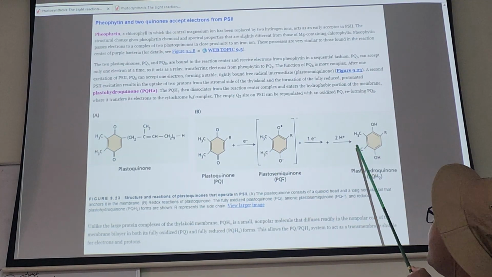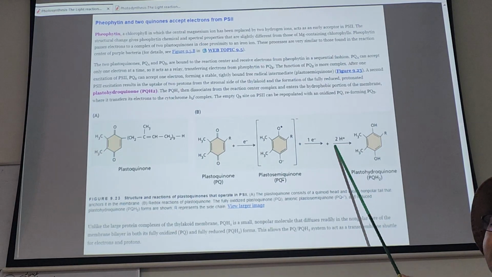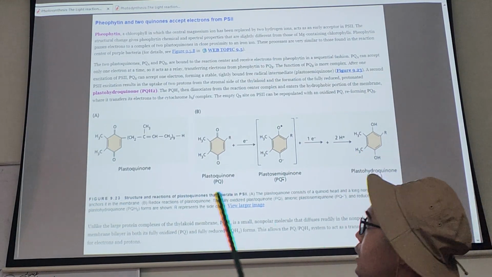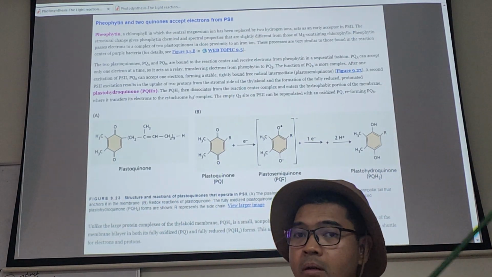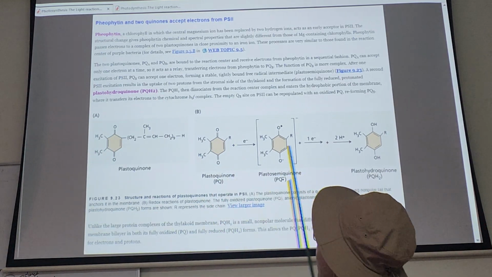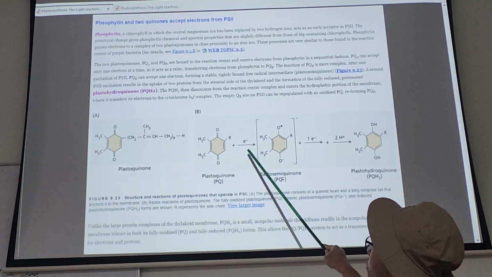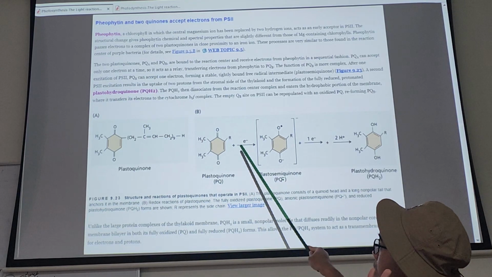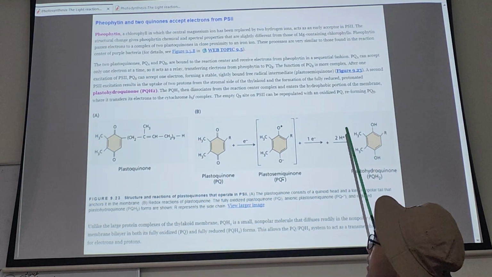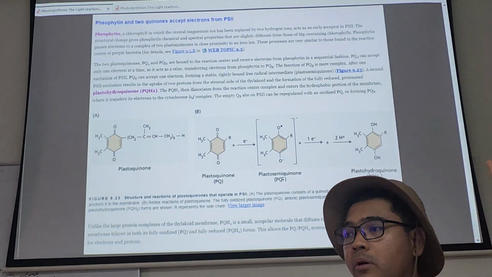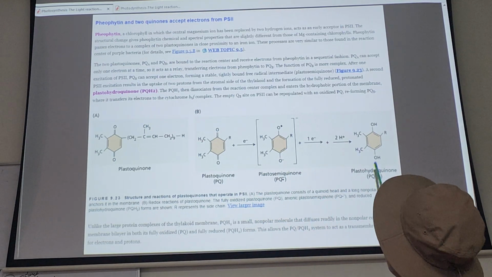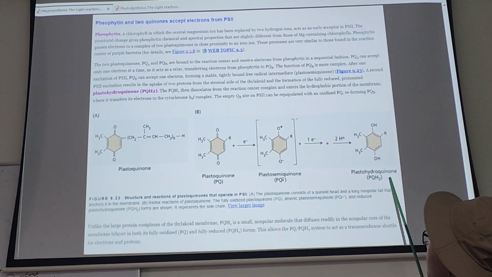Where did this come from? From the stroma. Remember, I told you plastoquinone has two phases, the stromal phase and the luminal phase. When it has accumulated two electrons, meaning two rounds of excitation, it will automatically grab two hydrogen protons from the stroma, attach to it, and now become plastohydroquinone, PQH2.